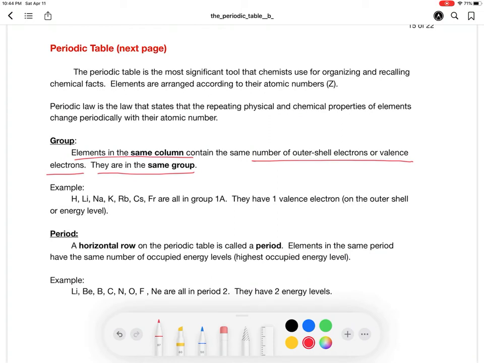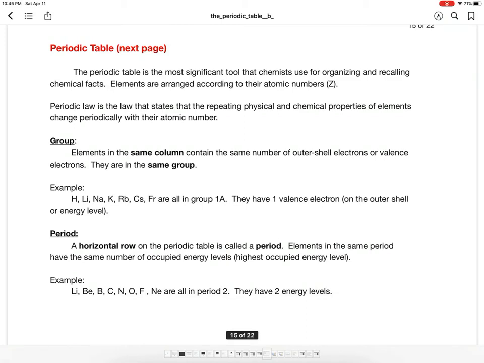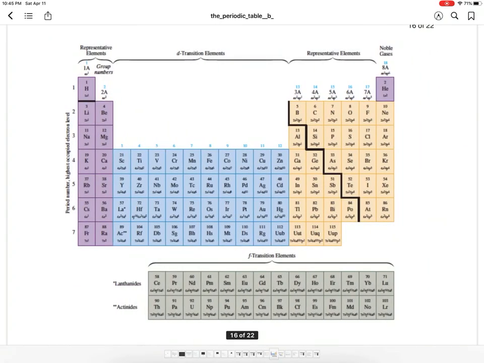The horizontal row is called the period, which means that these elements have the same number of occupied energy levels, because by definition a period is the number of occupied energy levels and a group is the number of valence electrons.